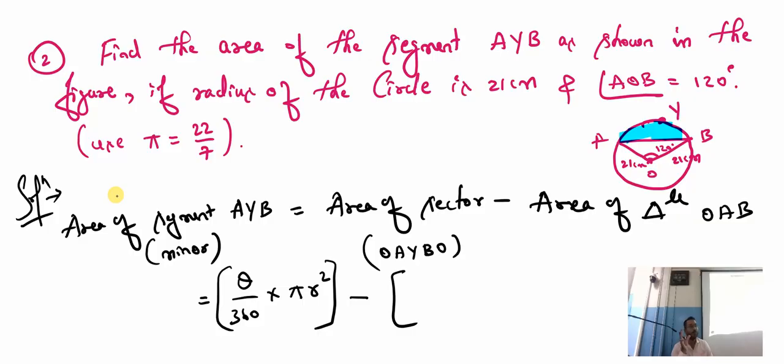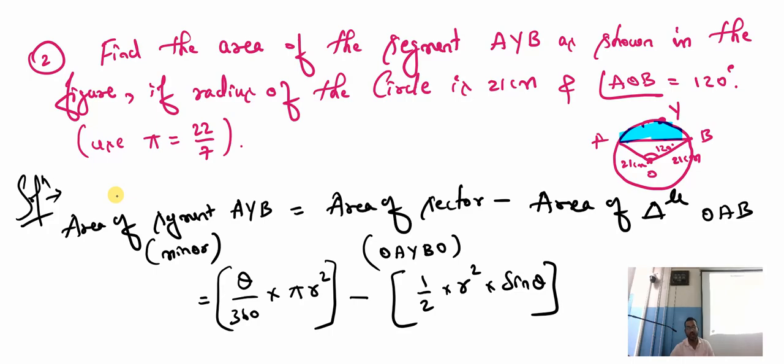We don't know. You know the value of AB? No. We don't know. You know height? No. We don't know. So I am going to use the formula: area of triangle can also be found by the formula half into r square into sin theta.